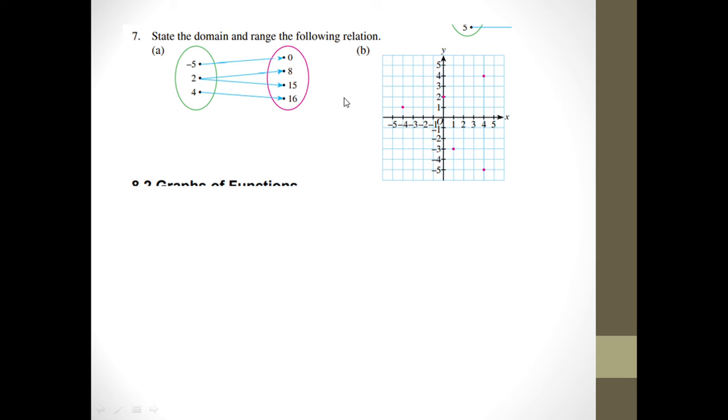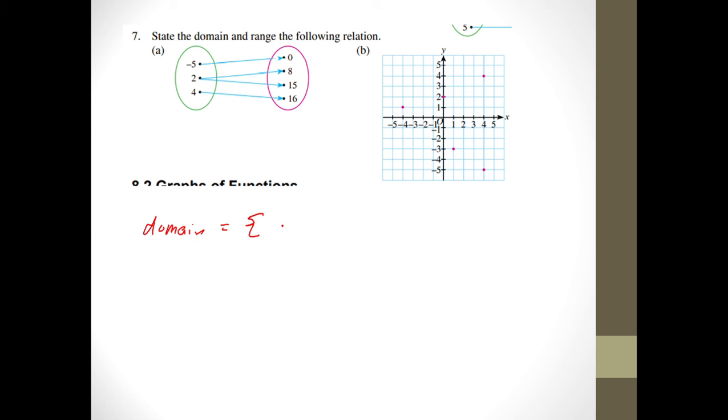And the last, question 7. State the domain and range of the following relations. Very easy. The domain, as I mentioned, is similar to the object. For the answer to 8.1 question 7, you can write the domain.